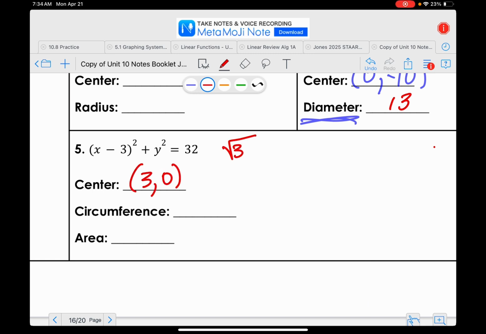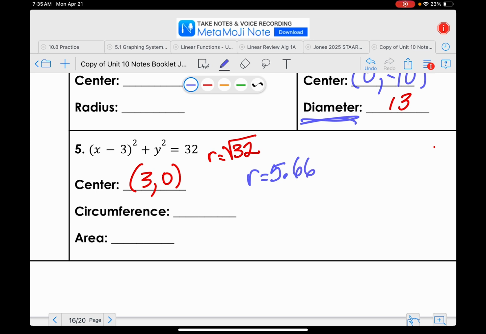Your radius is the square root of 32. Now, we could simplify the radical, or we could put it in our calculator and get a rounded estimated number, which is going to be about 5.66.